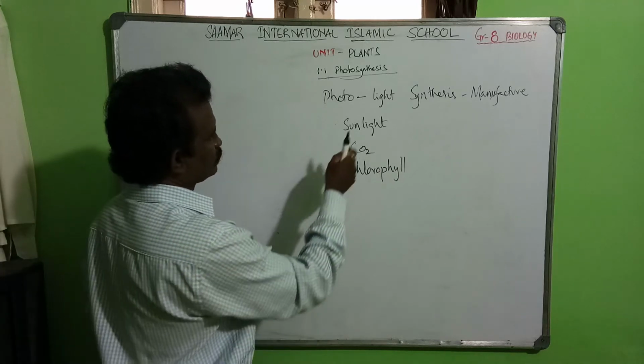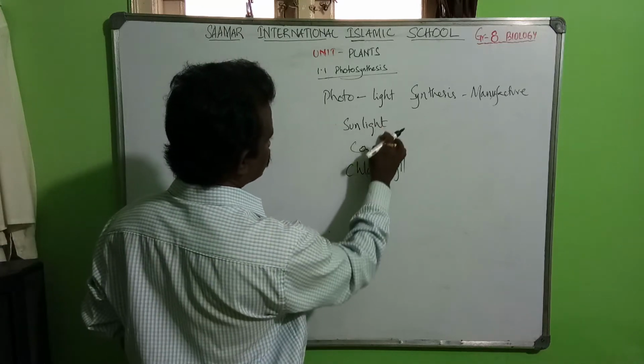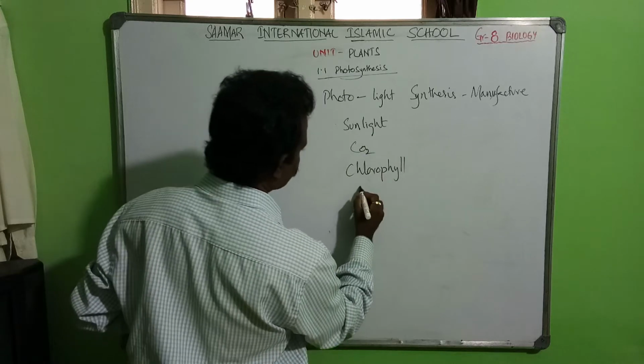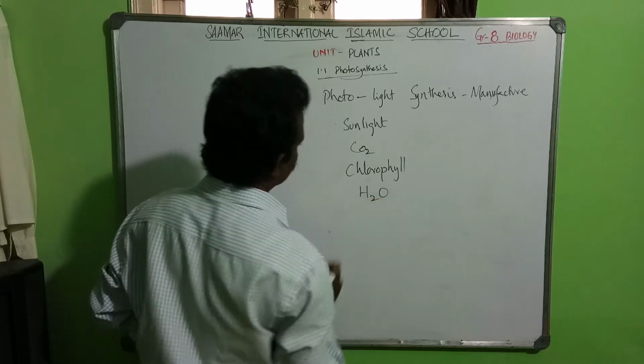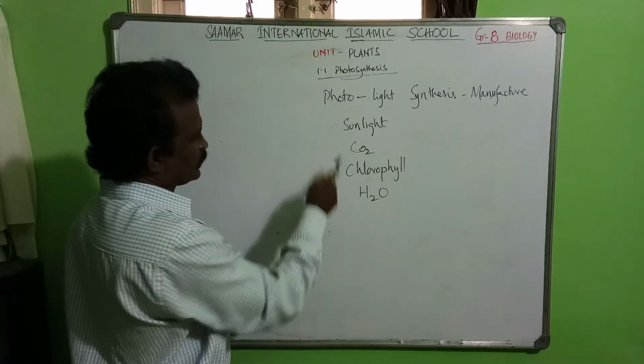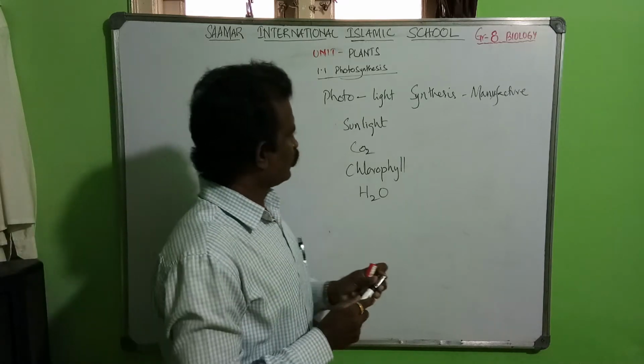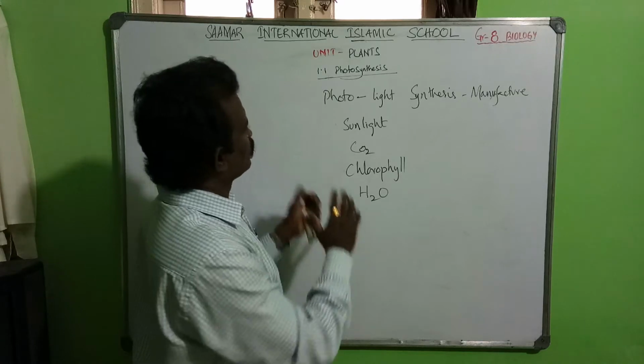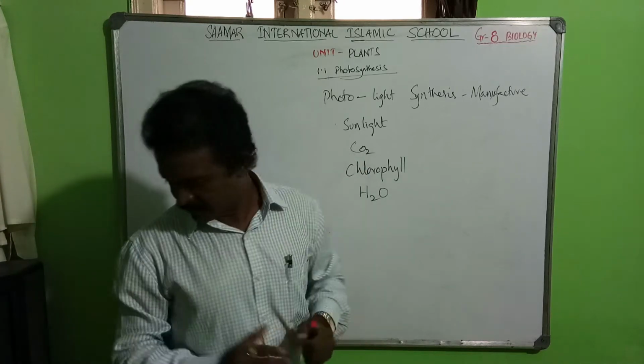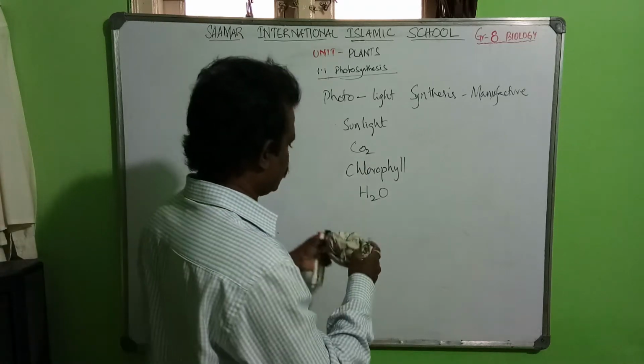Okay. So next, sunlight, carbon dioxide and water. Now, these are the four essential components for photosynthesis. Now, how does the plant prepare food? All that I will tell you now. Is it clear now?